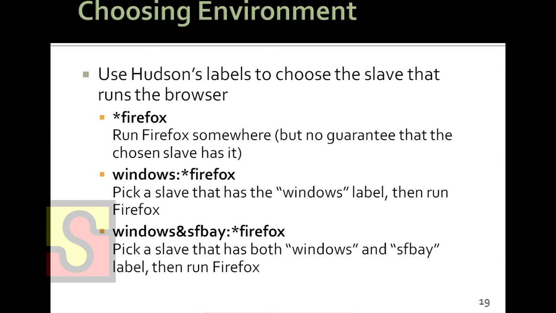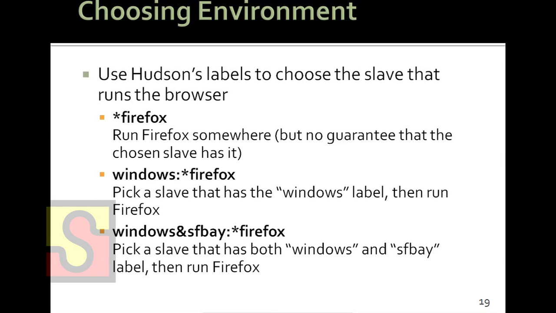Hudson's labels, you can think of them as tags that you assign on slave nodes. Often they are capability-based labels. So you might have a label called Windows, which you assign to all the Windows nodes, or maybe you have a geographic-based tag, where the SFBay tag will be assigned to all the slaves that are in the San Francisco Bay Area.